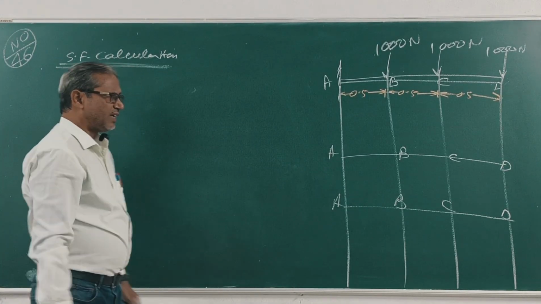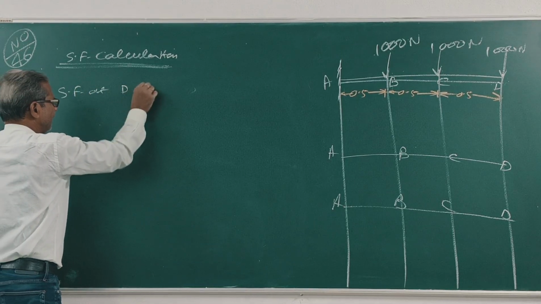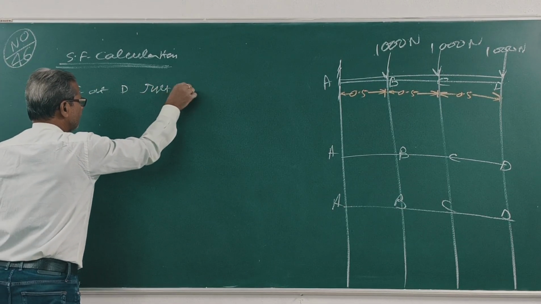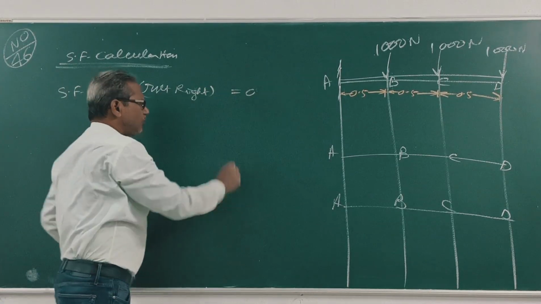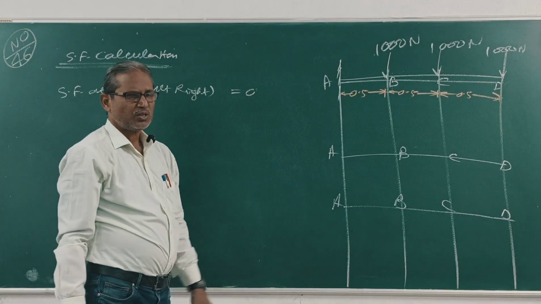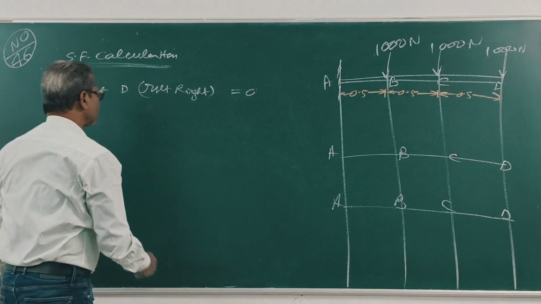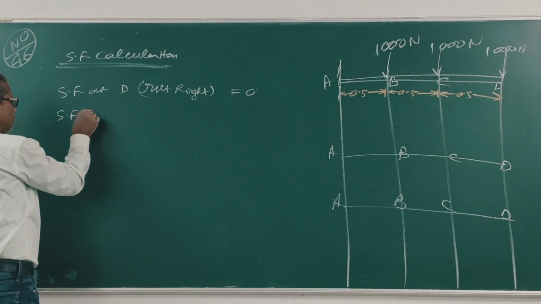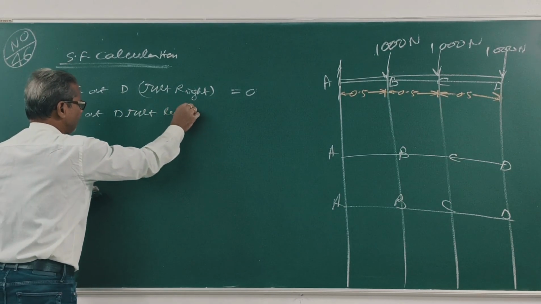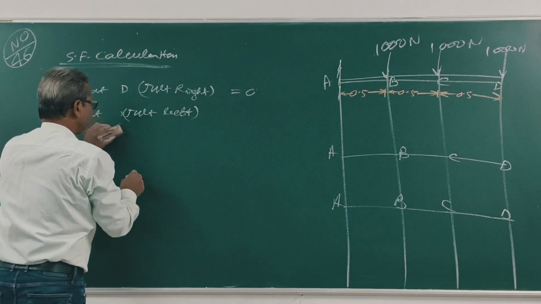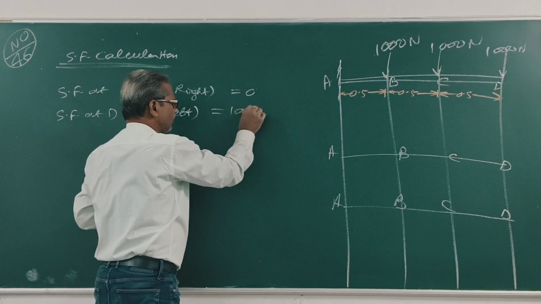At D just right, shear force at D just right is 0. Just left, 1000 Newton. Shear force at D just left, 1000 Newton.